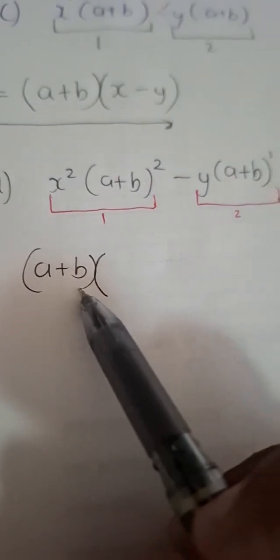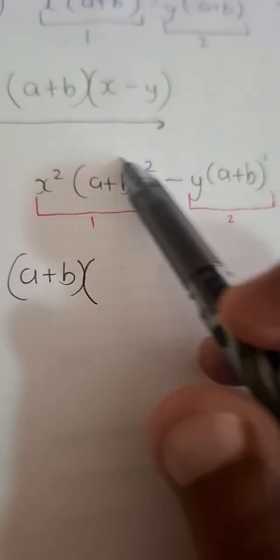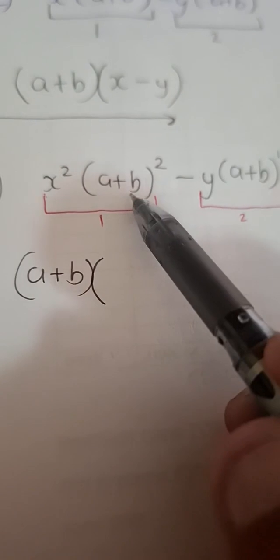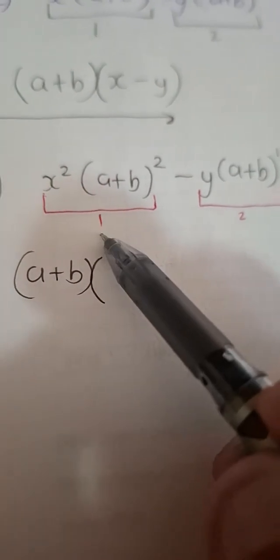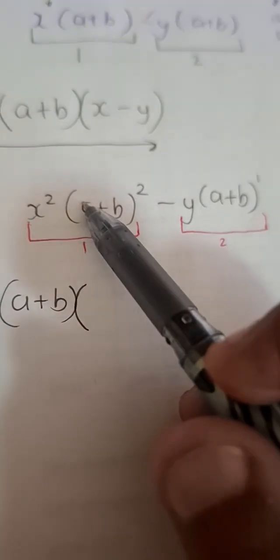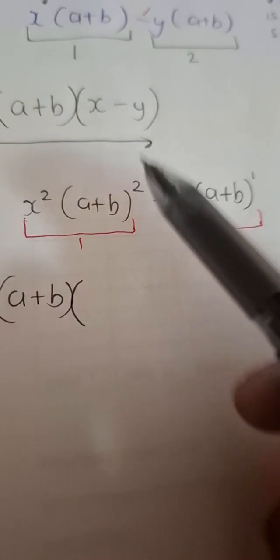All right, anyways, so we take out the a plus b, and then what's left over on the right? If one of the a plus b's has been taken out, remember, on the left, how many a plus b's get left over? That's very important. So yes, the x squared we must definitely write.